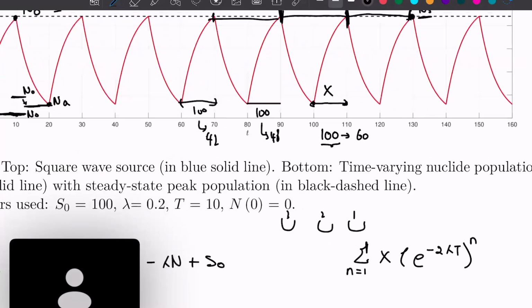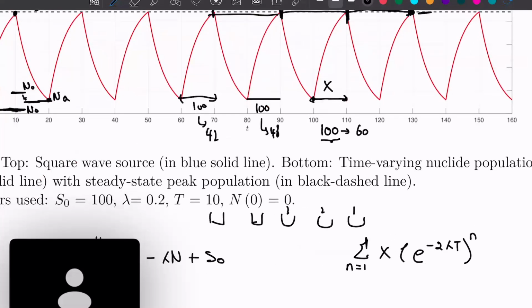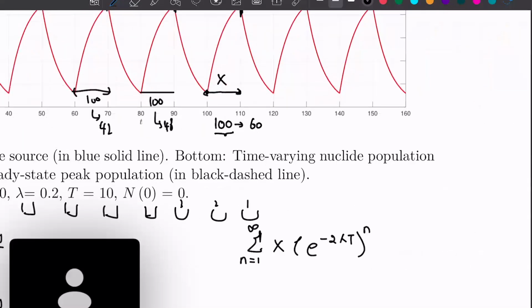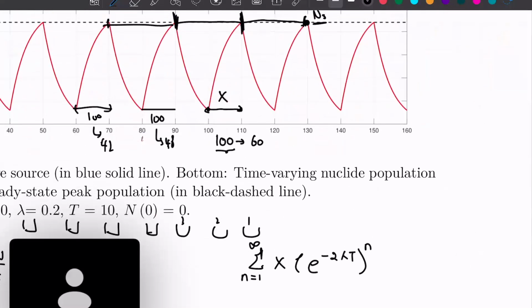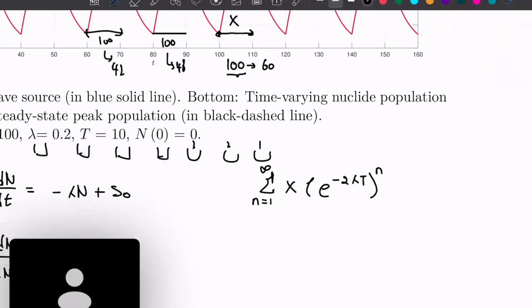For steady state to be true, we must consider infinitely old things that have been generated and decayed, so this would be summing to infinity. Basically we are summing each past contribution that itself has decayed, and then summing all of those up to form our NS.